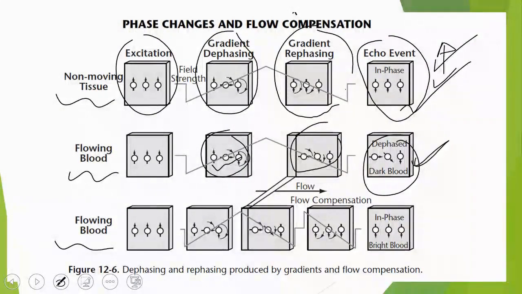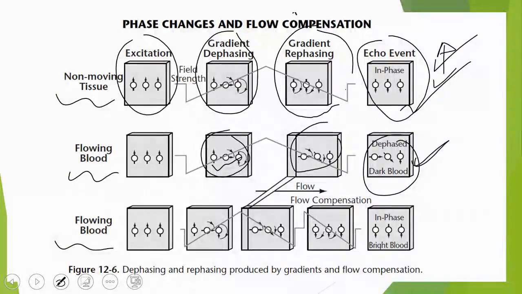We need to start creating a specific shape for certain magnitudes, and a specific structure that depends on the phase shift occurring in the protons present in the blood.